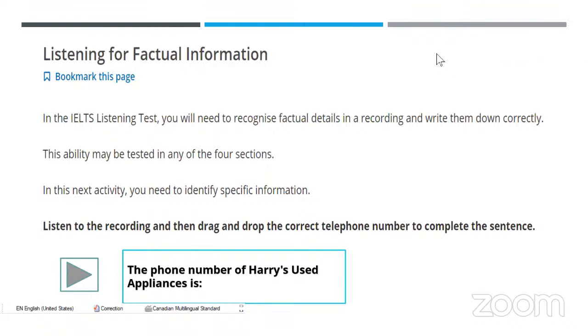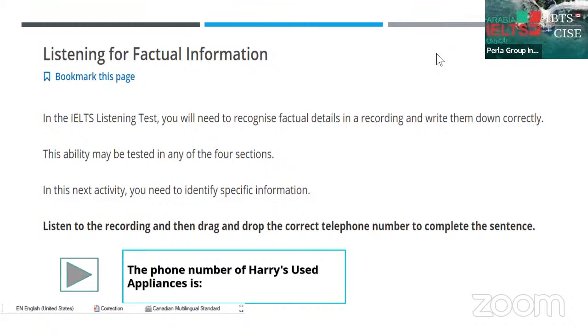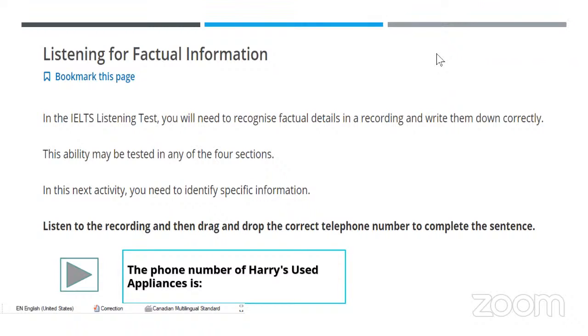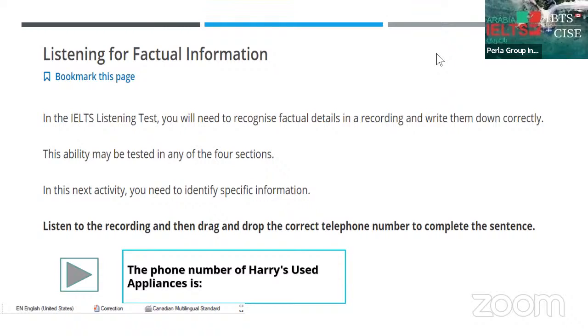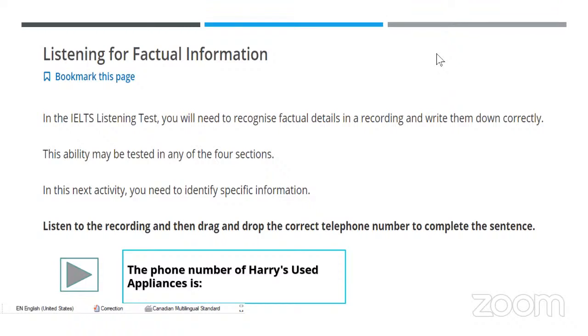Go ahead. 074451 610 6. After the 6, what do you got? 10. There's another number, yeah. 6210. Okay. So close enough.